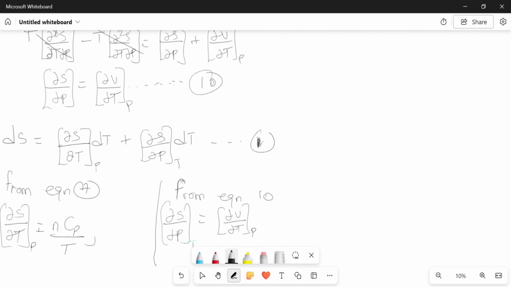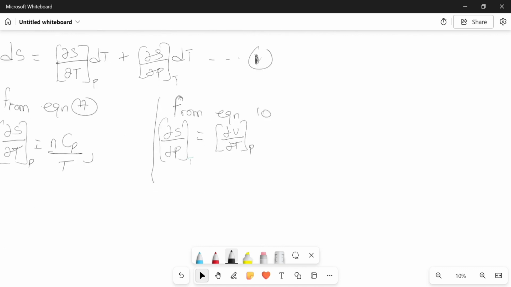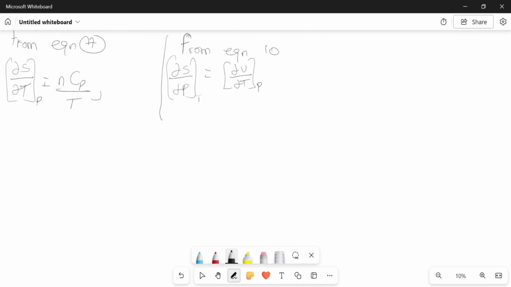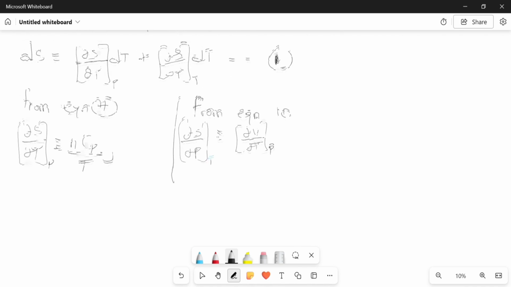Very good. So let's try to relate both together. So we got this, and then equation 1 says this.